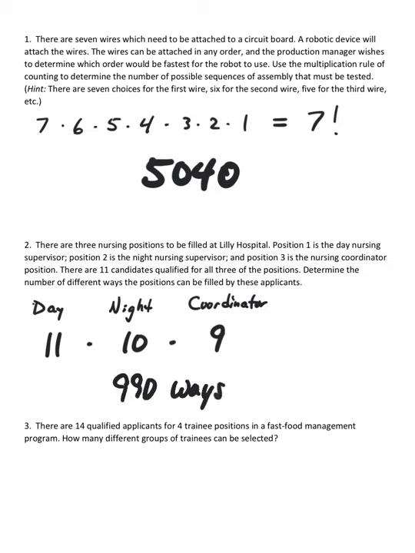There's also a permutations formula, 11 permute 3. Now I'm going to use permutations because the order of occurrence is important in this problem. You can also see this written as 11 factorial over the difference.